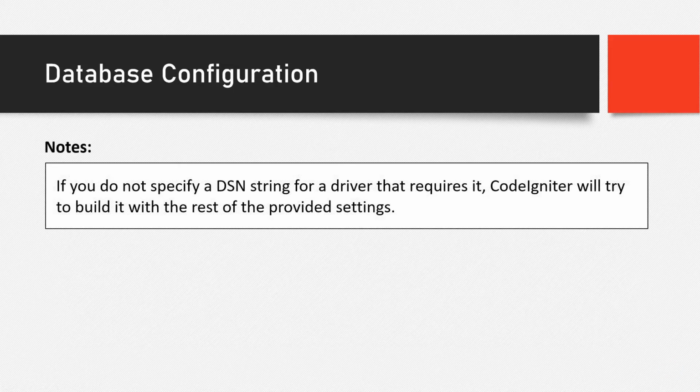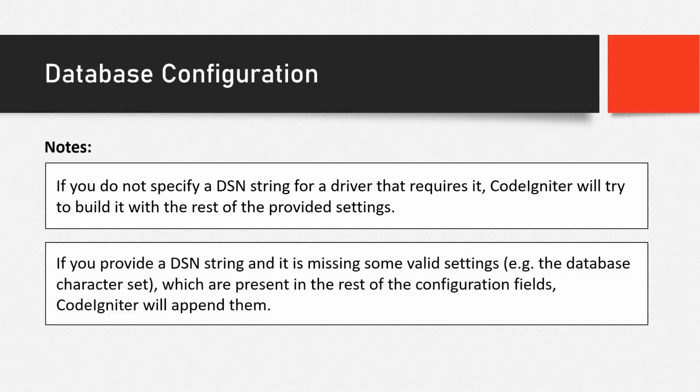Note: if you do not specify a DSN string for a driver that requires it, CodeIgniter will try to build it with the rest of the provided settings. So if you provide a DSN string and it is missing some valid settings, for example the database character set, which are present in the rest of the configuration fields, CodeIgniter will append them.